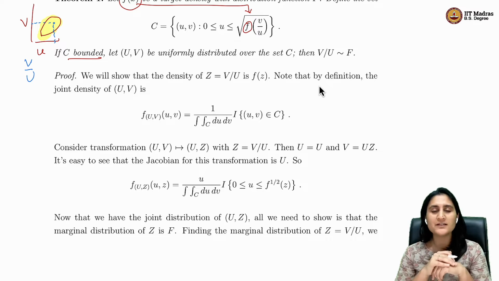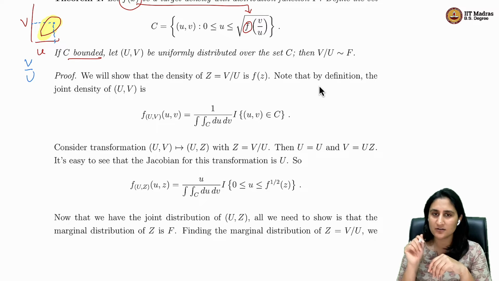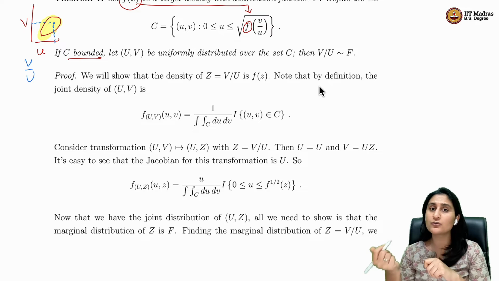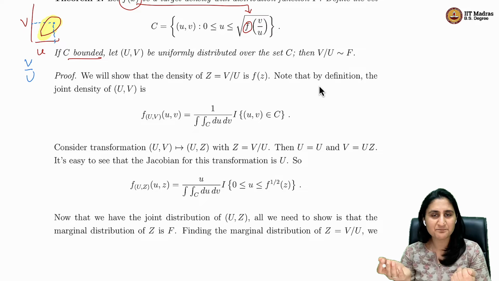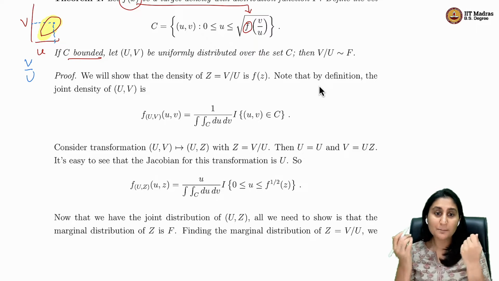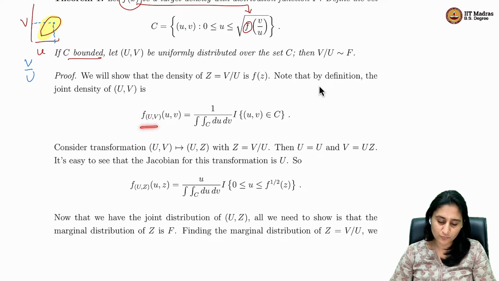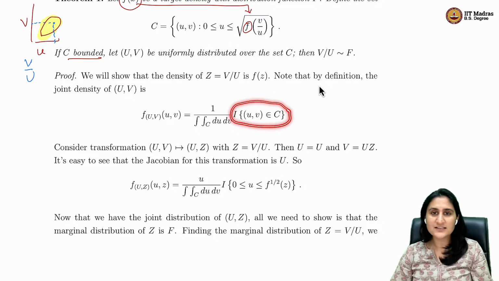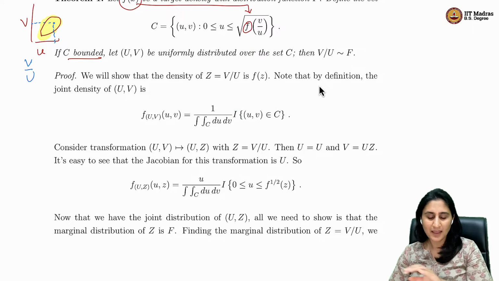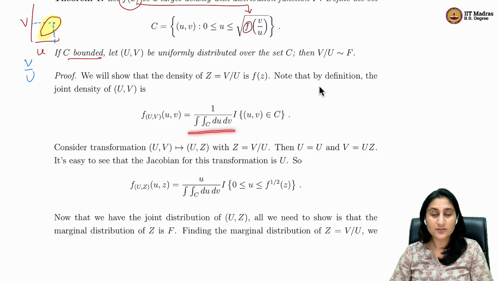Because it's uniformly distributed, the density cannot depend on u or v. So that means the actual PDF f of u comma v is the indicator that (u,v) is in C, that's my support, and 1 divided by the area of this set, which is the double integral over the set C of du dv.